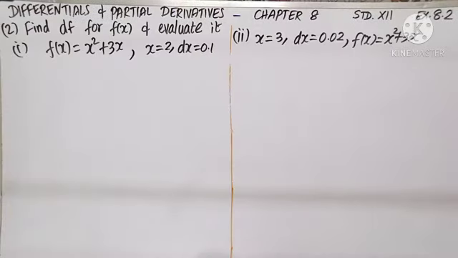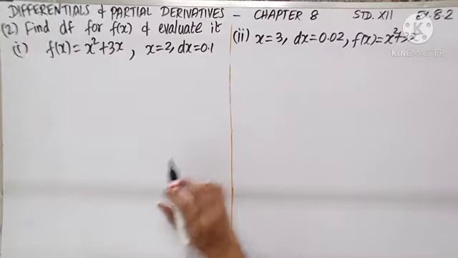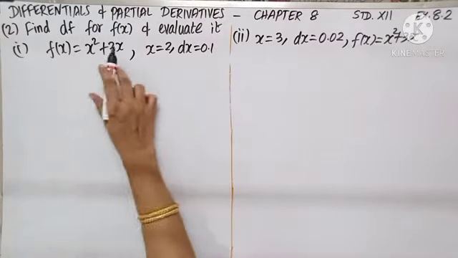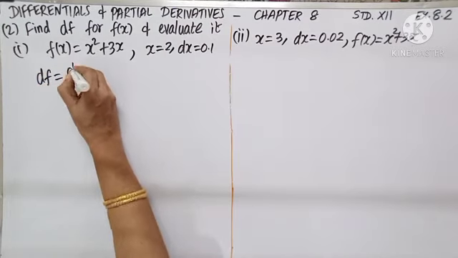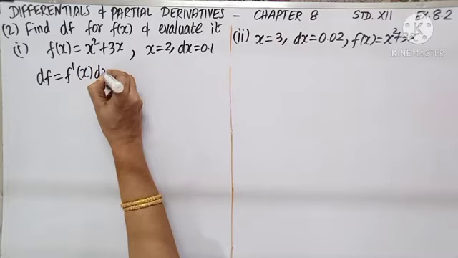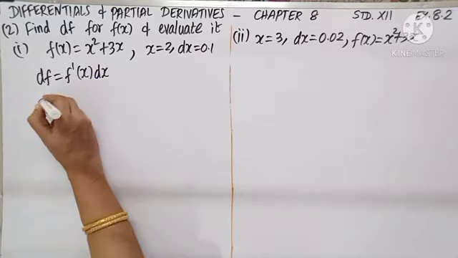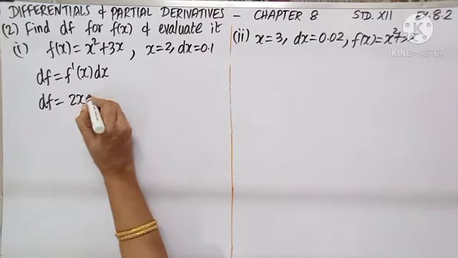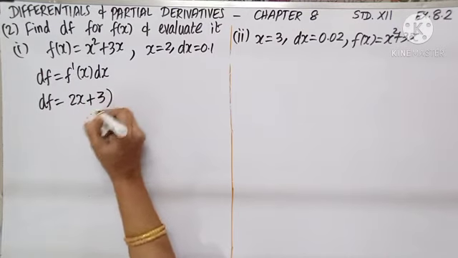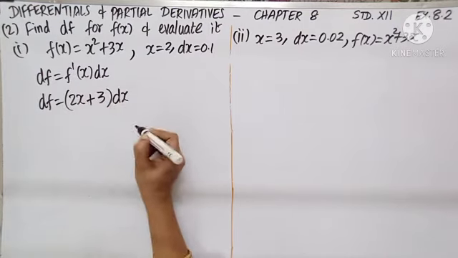Second question, find df for f of x equals x square plus 3x and evaluate it at the given values. F of x is given. So what is the formula for df? It is f dash of x into dx. So x square becomes 2x, 3x becomes 3, into dx.